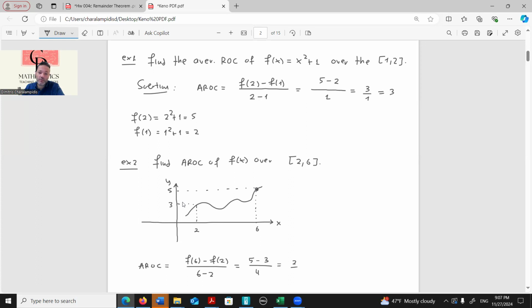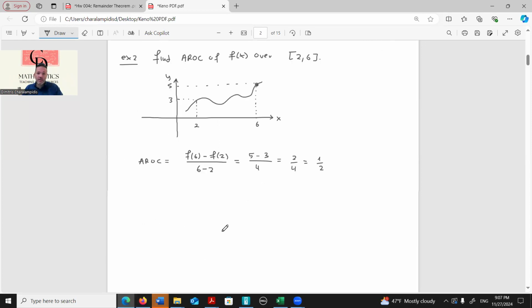So that would have been 2 over 4 equals 1/2, which means that as we progress from x equals 2 to x equals 6, the function's values, that is the y's, increase by 1/2 per moving unit. Every time x increases by 1, on average on this interval, the y is expected to increase by 1/2.